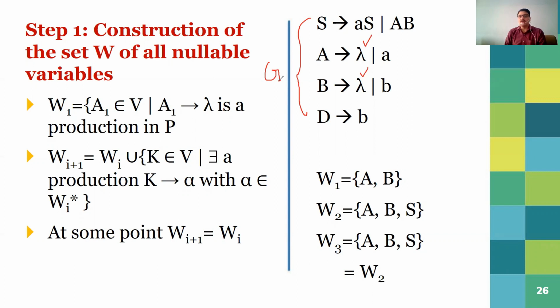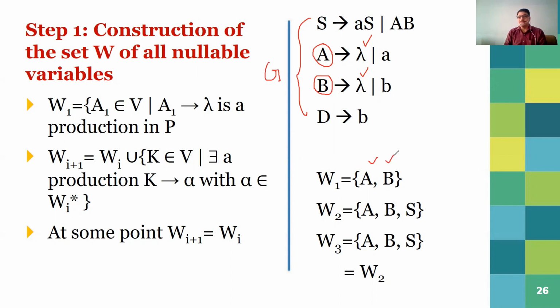Find all the variables that are producing null. With this example, you can find that variable A is producing null and B is producing null. So just write here A and B. This is W1.